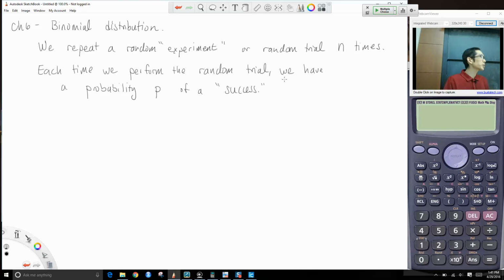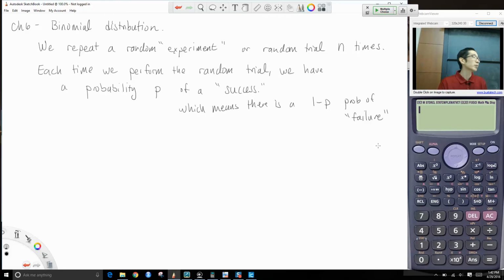The label success in our day-to-day is associated with a good thing, and failure is associated with a bad thing. Here in statistics, as far as the binomial distribution, it just means either something happened or it didn't happen. It's not necessarily a good thing or a bad thing. So success, and which means there is a 1 minus p probability of quote-unquote failure.